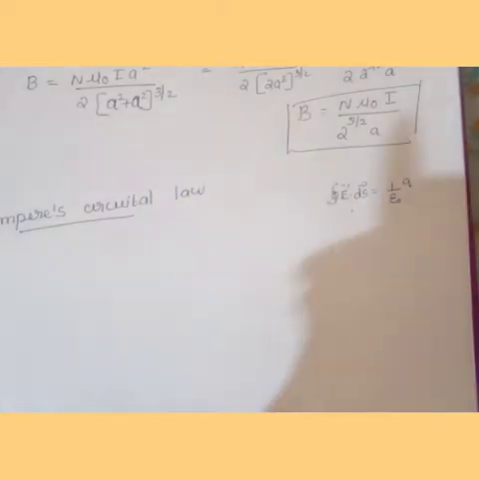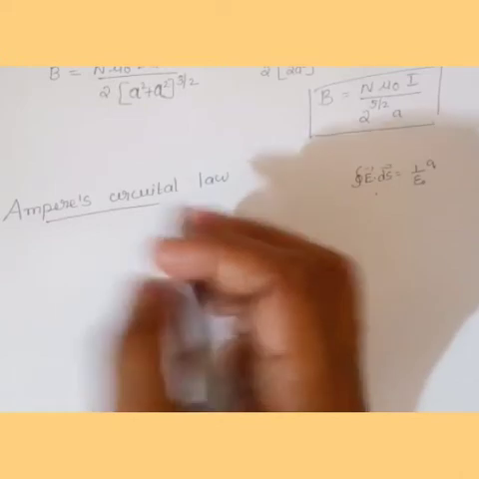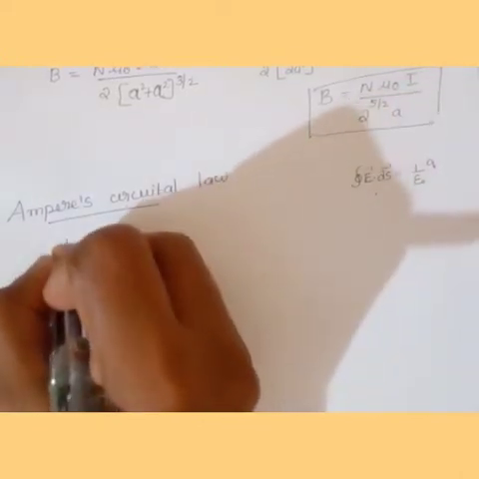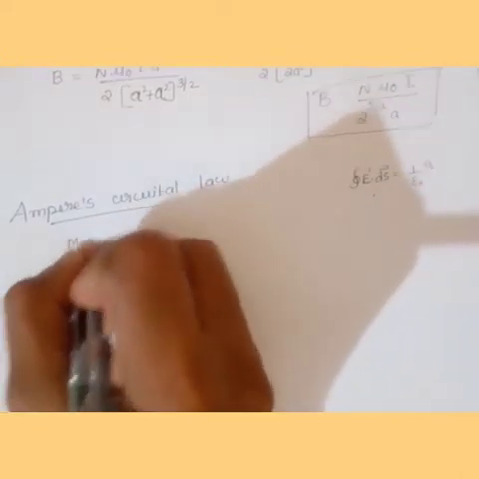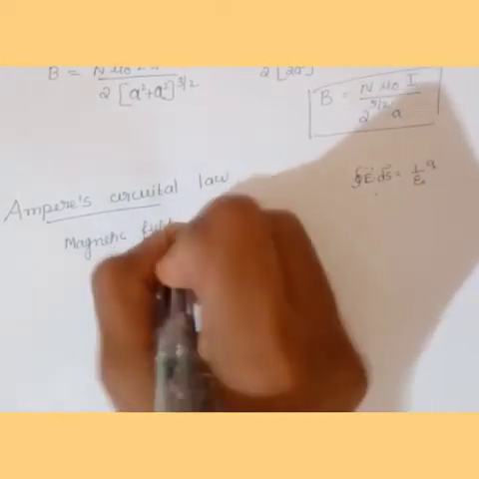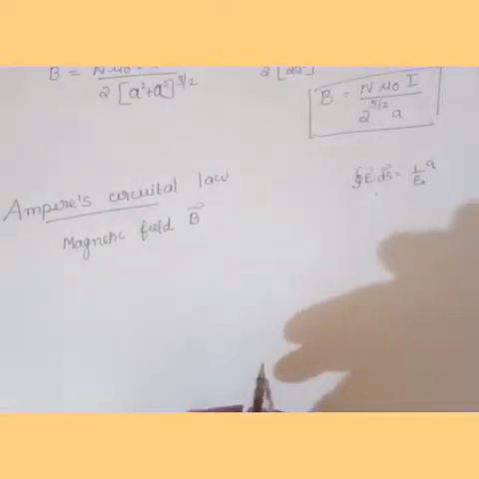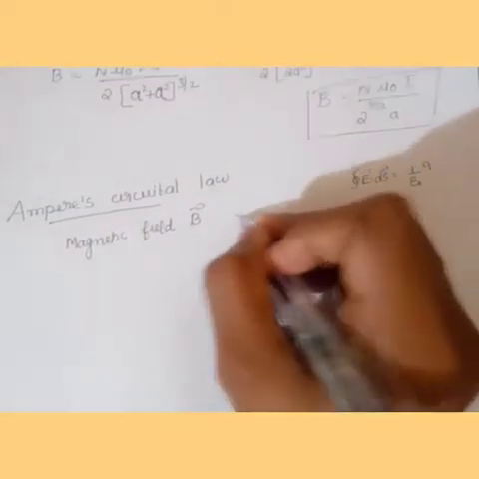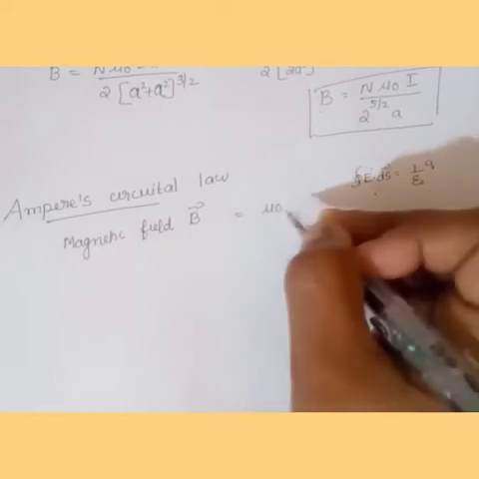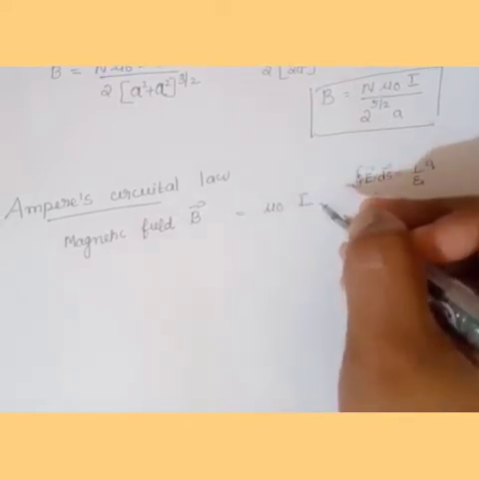So this law says that the line integral of the magnetic field B along any closed circuit is equal to mu 0 times the total current passing through this closed loop.